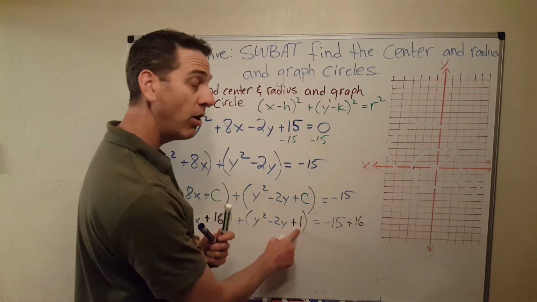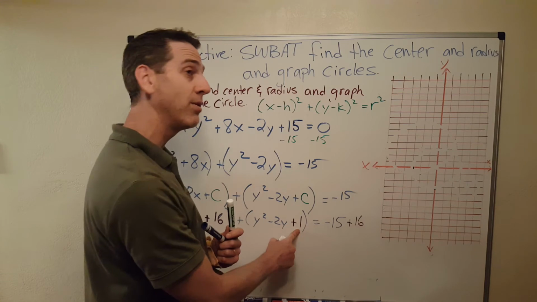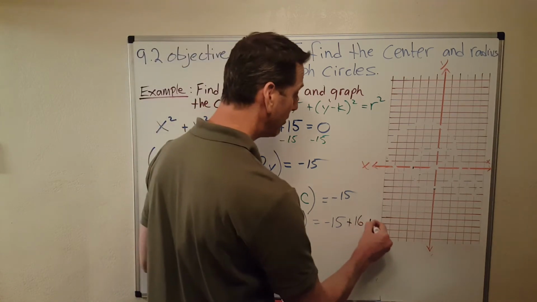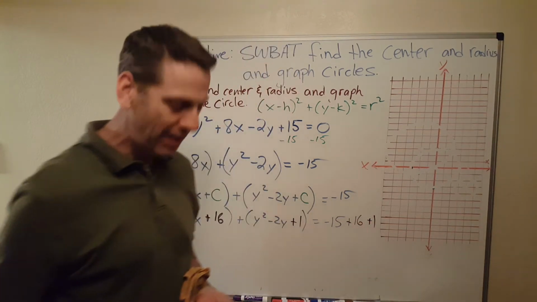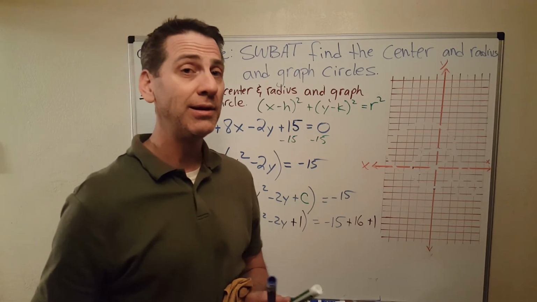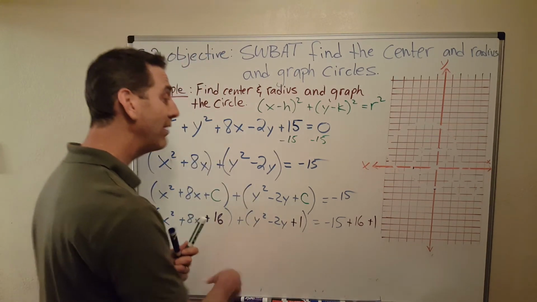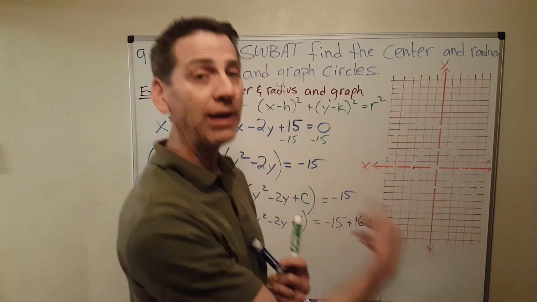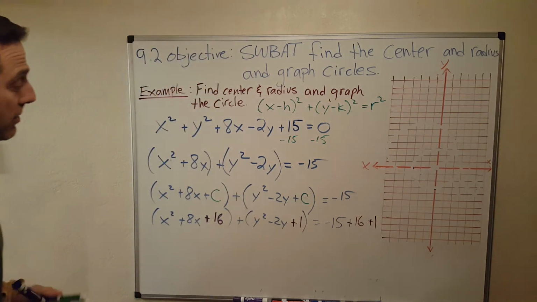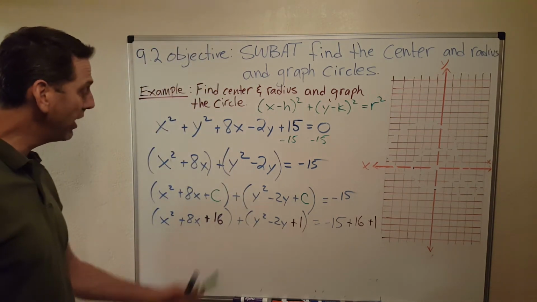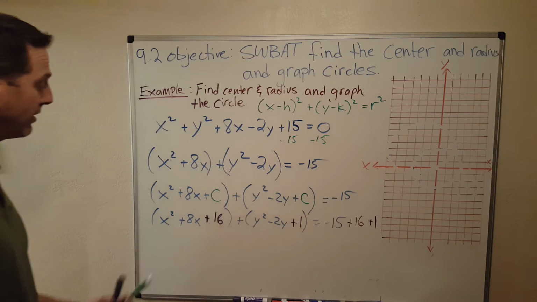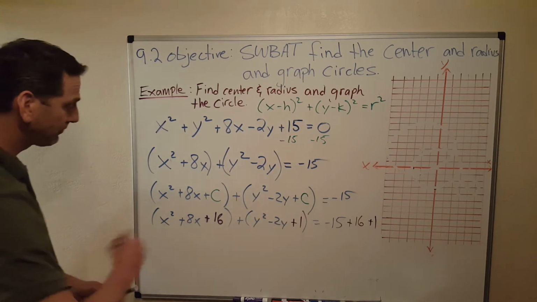And because I also added 1 to the left, I have to add that 1. So basically I add a total of 17 to the left, so I have to add a total of 17 to the right.